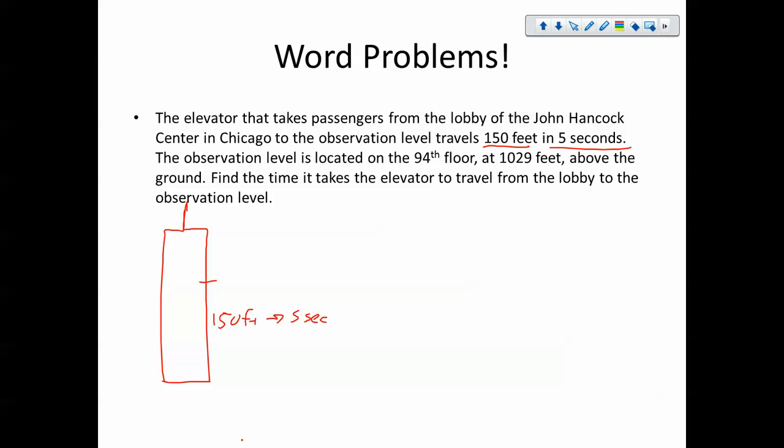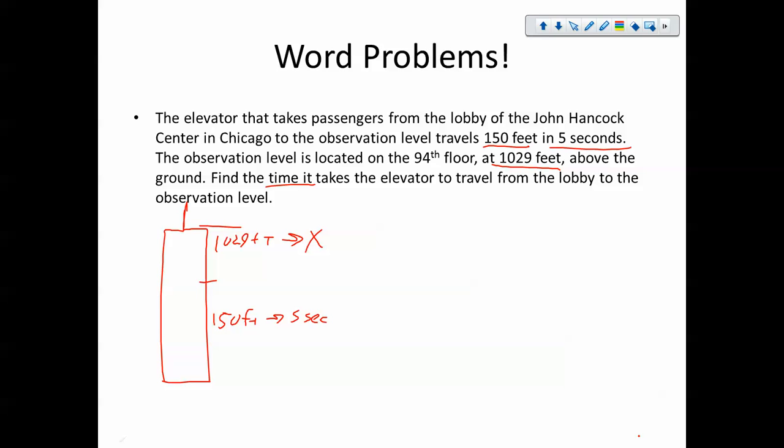Okay? And then the observation level's on the 94th floor, 1,029 feet above the ground. So we're way up here, 1,029 feet above the ground. Notice this is not drawn to scale. We're wondering how many seconds does it take to get there, right? Find the time it takes to travel from the lobby to the observation level.